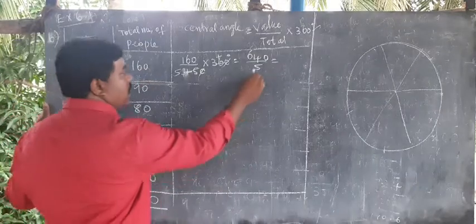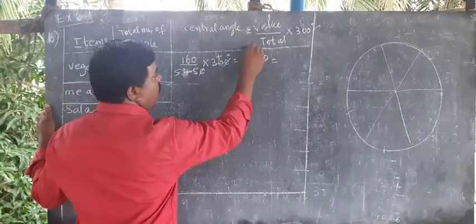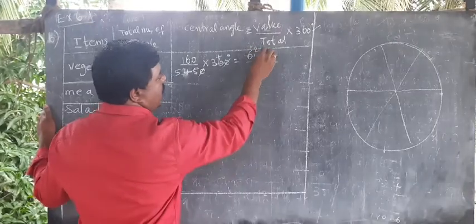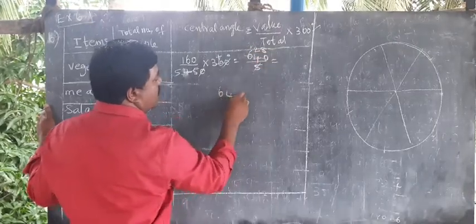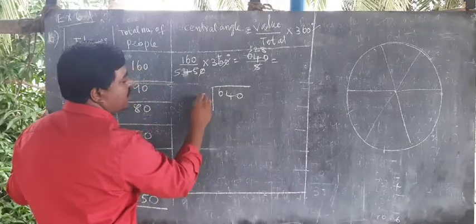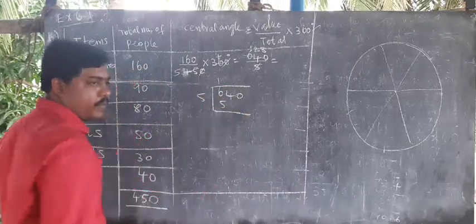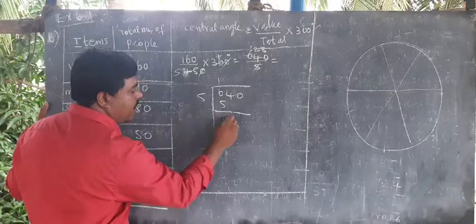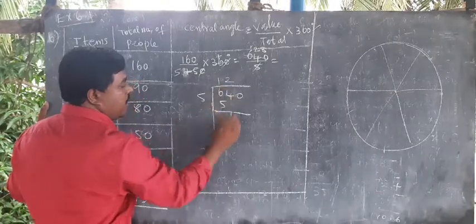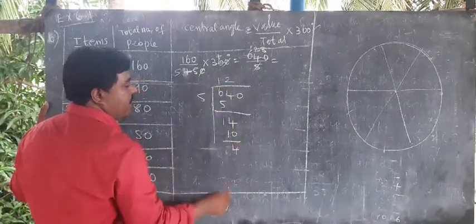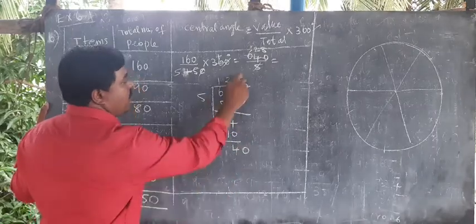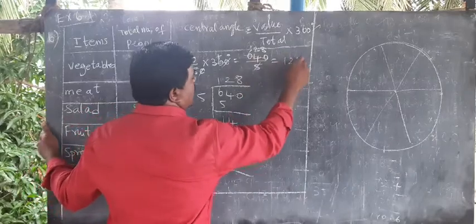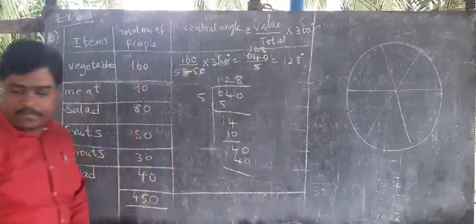Cancel means 5 1 time, 5 2 times, 5 8 times. That is 640. We divide: 5 ones are 5. Remaining 1. 5 into 2 times is 10. Remaining 4, 0 for 0. 5 into 8 is 40. So we are getting 128 degree as the answer, right?